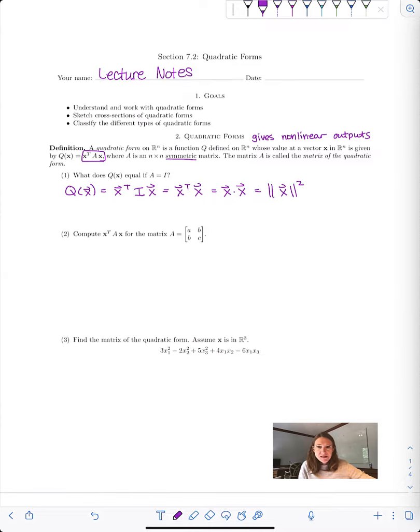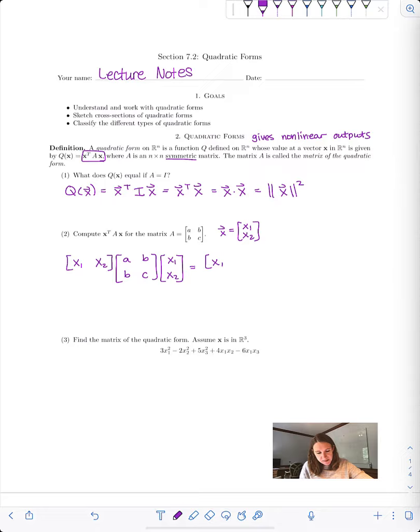And now let's take a look at what happens in general for a 2 by 2 matrix. Here let's let our X vector be x1, x2, and let's actually compute this. First we write X transpose, which is, the X was a column and now it becomes a row. We have our matrix A, and then we multiply it by X, back to being a column.